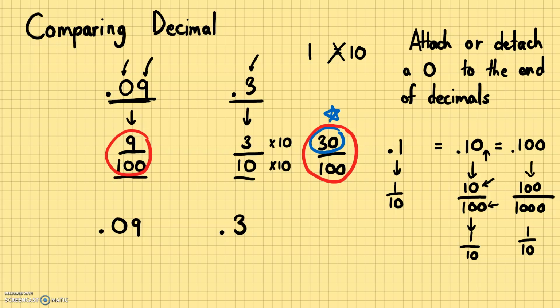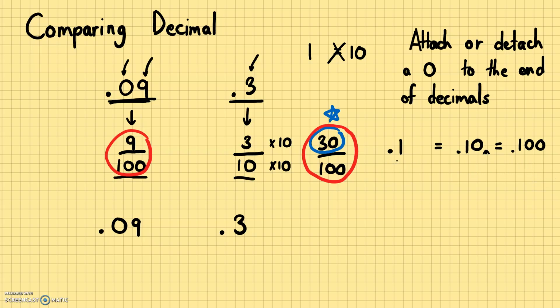Okay, so that means we can change 0.2 to 0.20. We can change 0.3 to 0.300. We can change 0.5 to 0.50. And we can also detach zeros from the end of decimals.